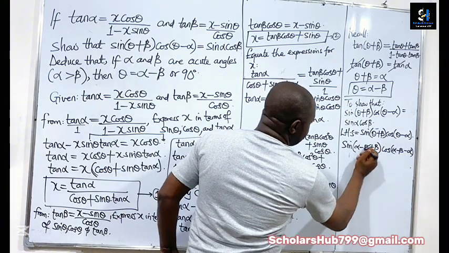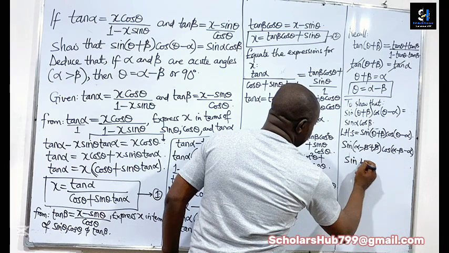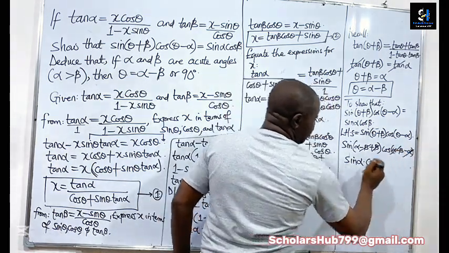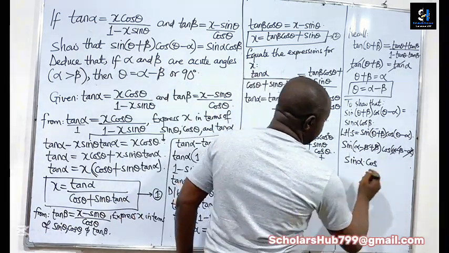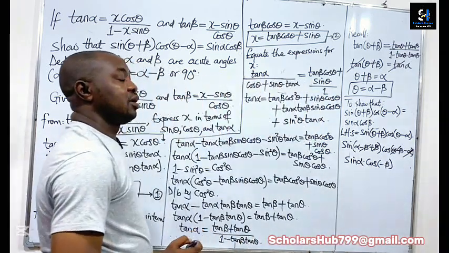So in this case, minus beta plus beta will be 0, so this will be sine alpha multiplied by cos of alpha minus alpha, that will be 0. Then this will be cos of negative beta.